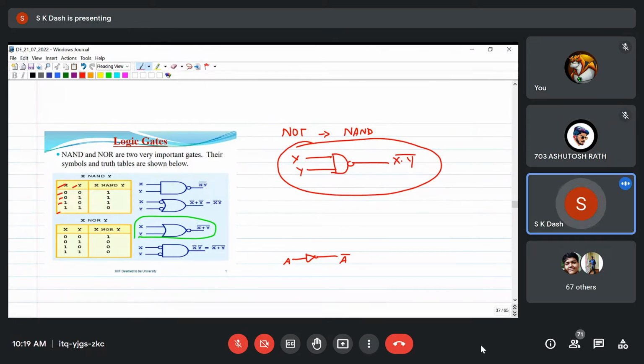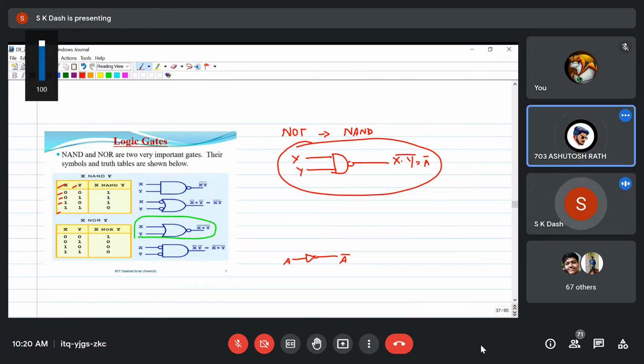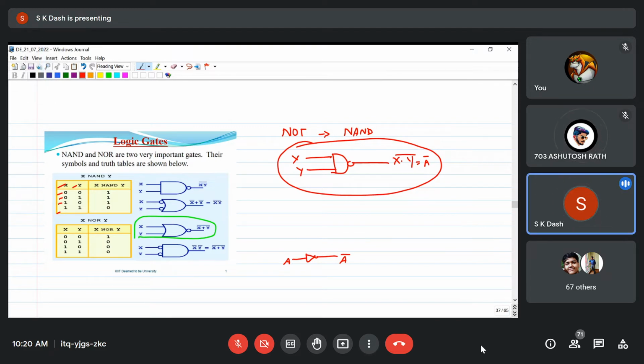That means you will take x dot y equal to A, so you'll get A bar. That means this is the output. So we are combining both the inputs. Output side it is correct, that is the end result I want. The input, what should I do? Where should I apply the A?